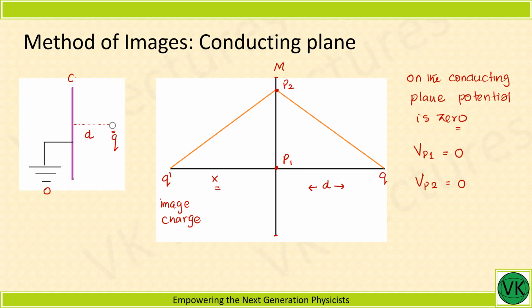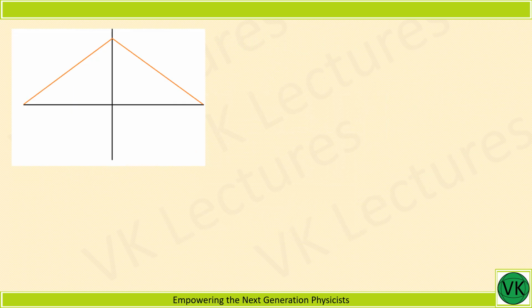Now what we are doing is, we are removing this plane and replacing it with an image charge, such that VP1 and VP2 are 0. So let's once again do that.